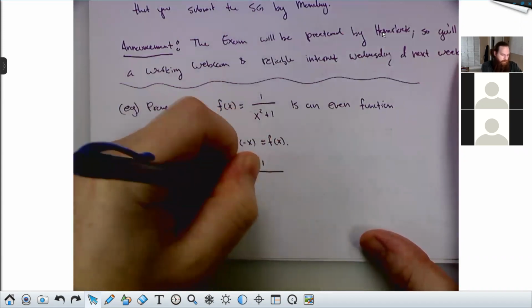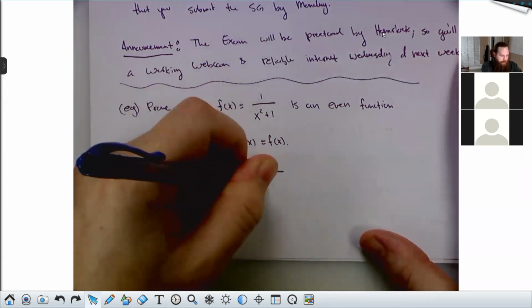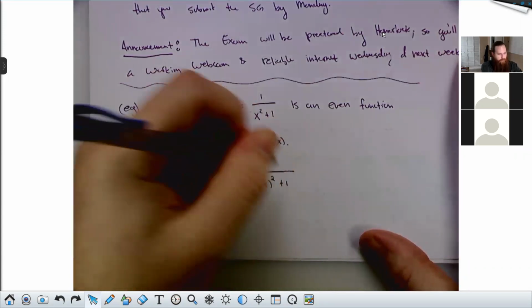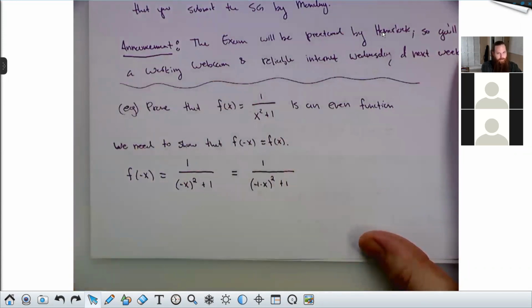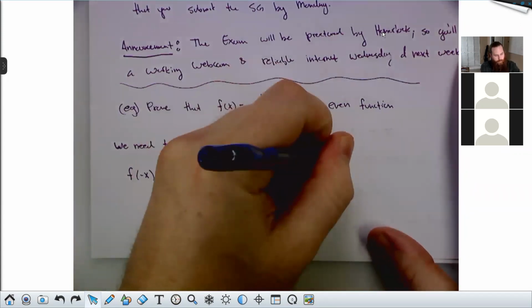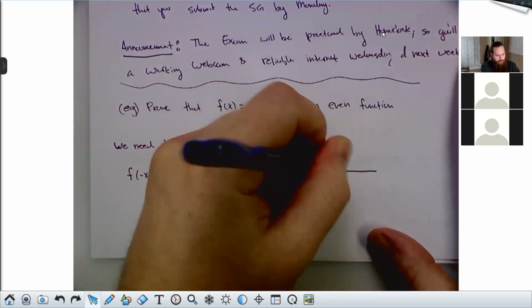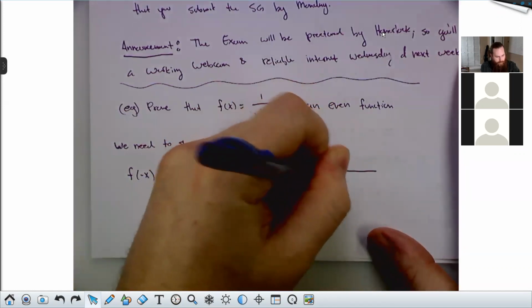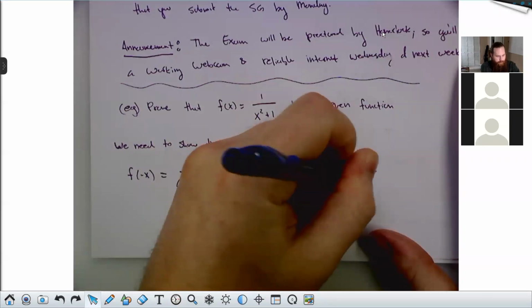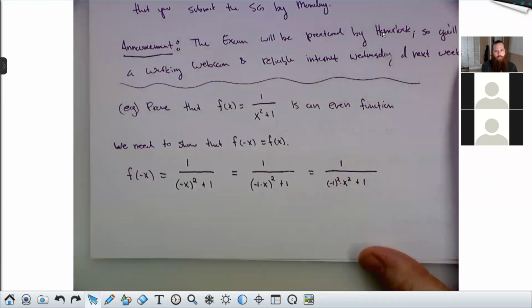That's 1 over (-1 times x) squared plus 1, right? -x is -1 times x, which is 1 over (-1) squared times x squared plus 1.